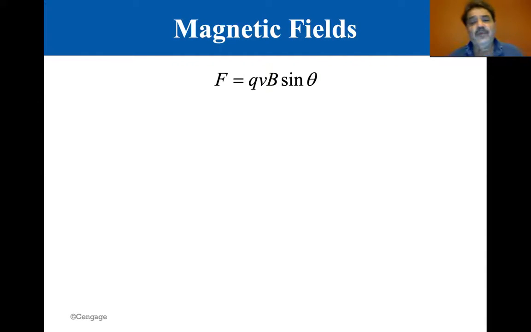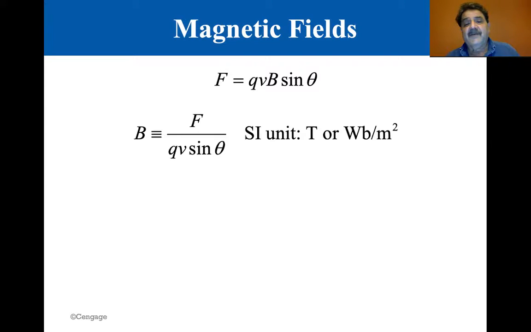Now, from this, we can define a magnetic field. So B, the magnetic field, is defined as the force on the particle divided by QV sine theta. Force is in newtons, Q is in coulombs, V is in meters per second.